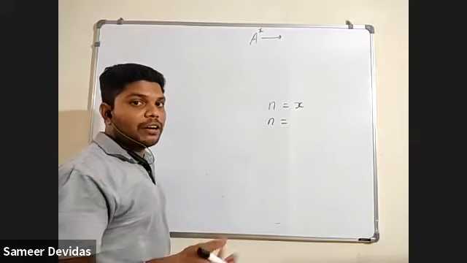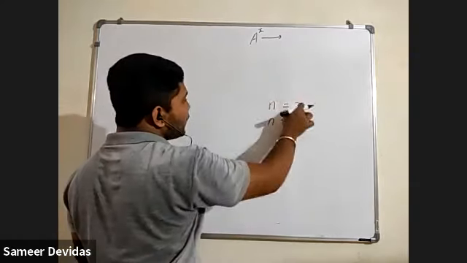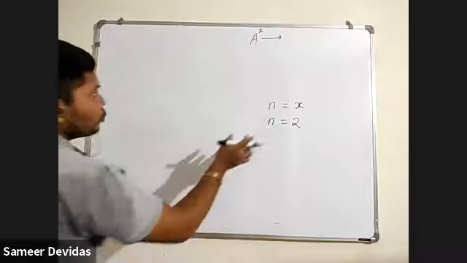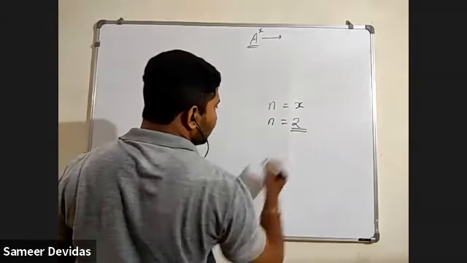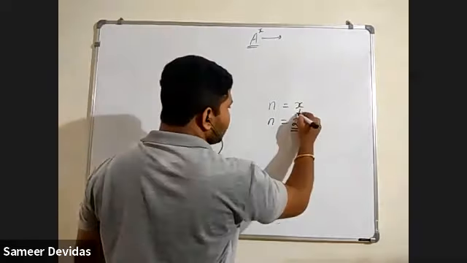Order of the reaction is 2. Now only one reactant is there, that is x. So which number will come? 2. You have one reactant, you have order 2, and that is for the x.